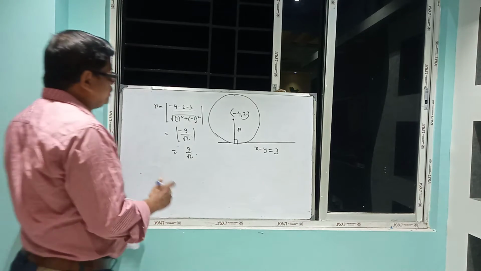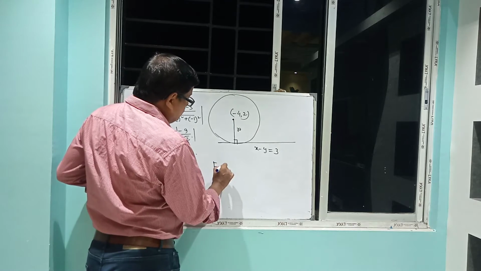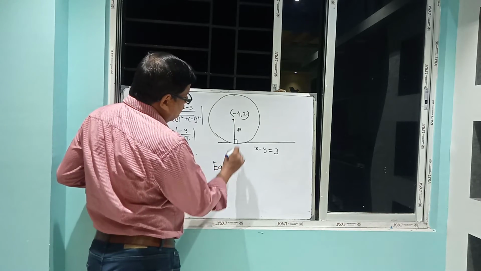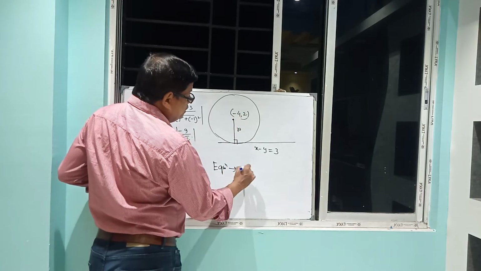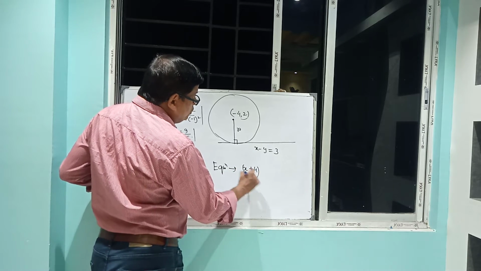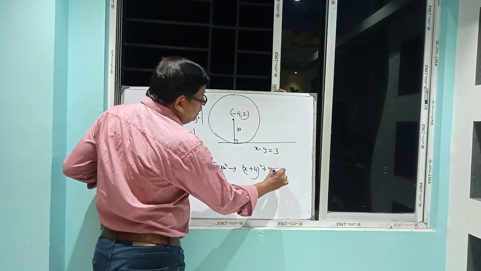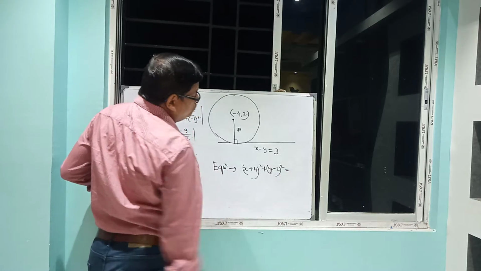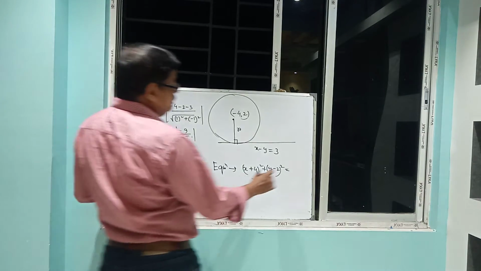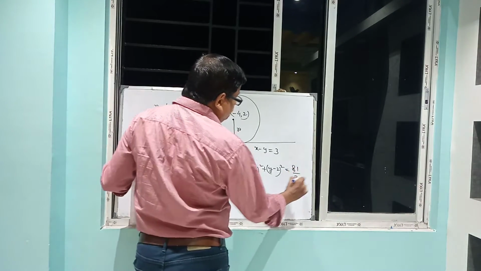Now write the equation of the circle. The center is given, so x plus 4 whole square plus y minus 2 whole square equal to r square, that is 81 by 2.